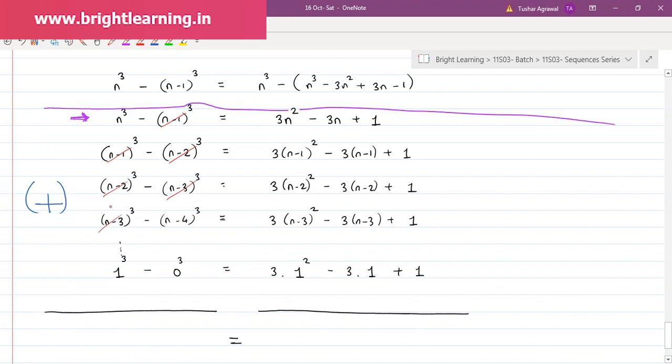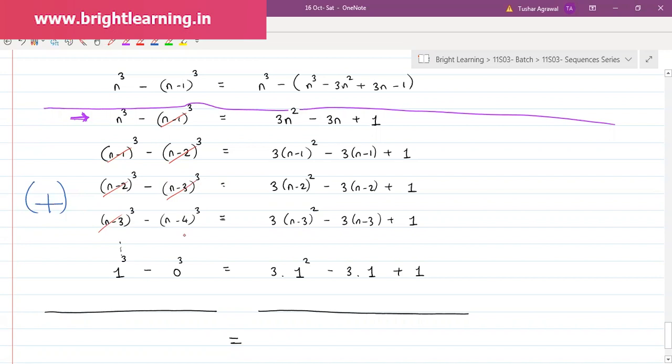Yes or no? In any step, the second term is getting cancelled out with the first term of the bottom line. It is in the Z pattern that it is getting cancelled. This second, first, second, first, it will get cancelled out.